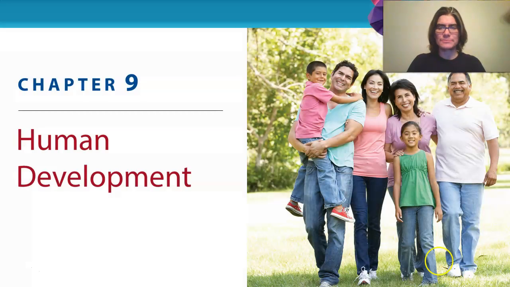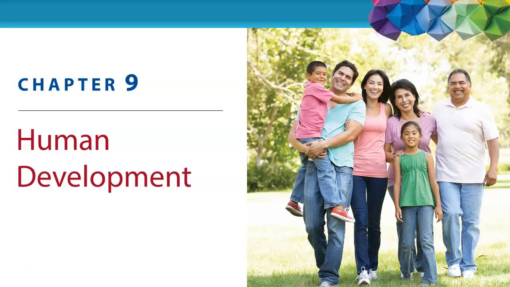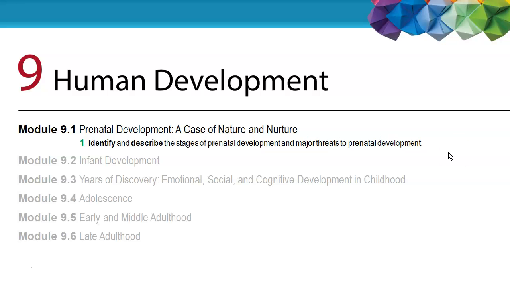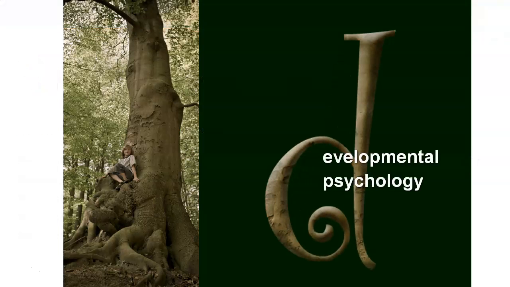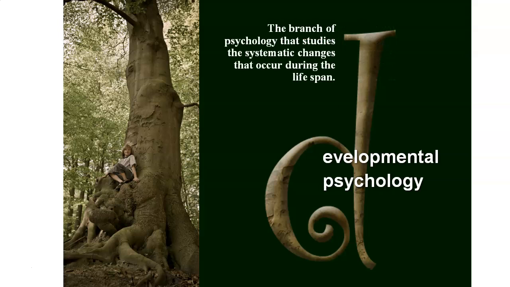And when we talk about Chapter 9, what we're talking about is human development. Human development is the branch of psychology that studies the systematic changes that occur during the lifespan.